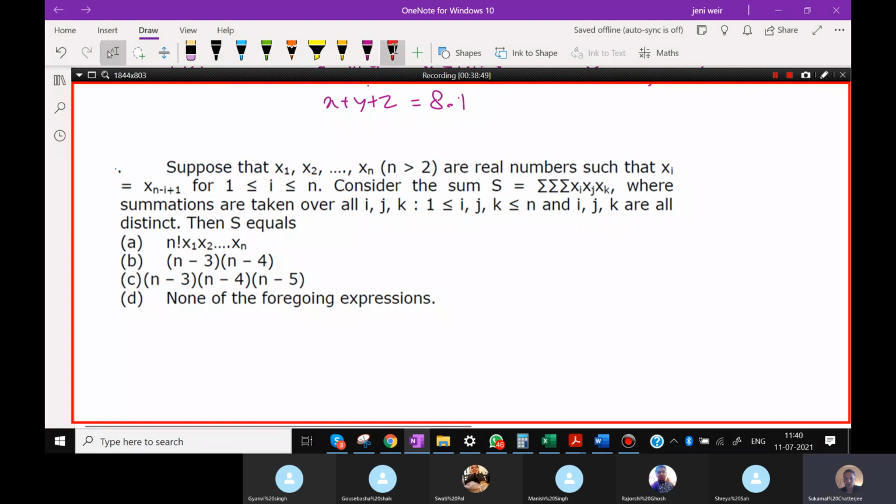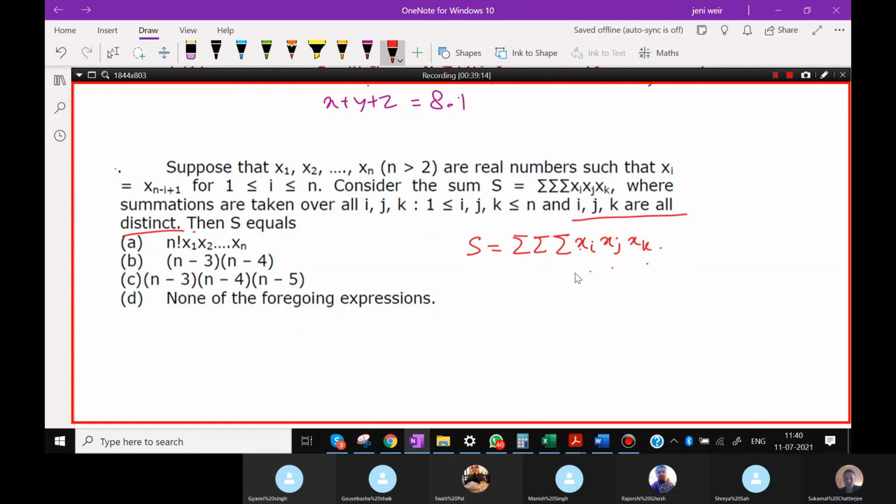So that means we are trying to find the sum of xi, xj, and xk, where i, j, and k are all distinct. That means xk cannot be equal to xi or xj.